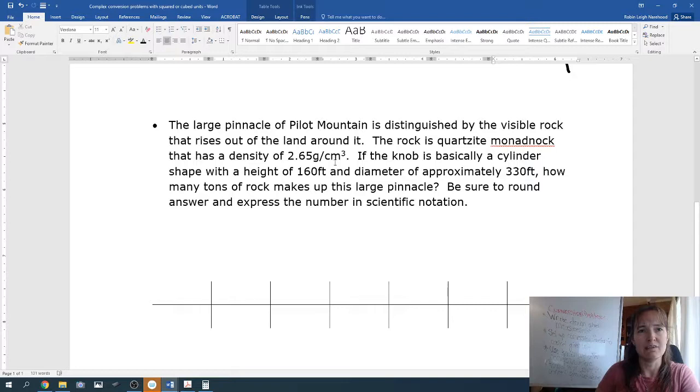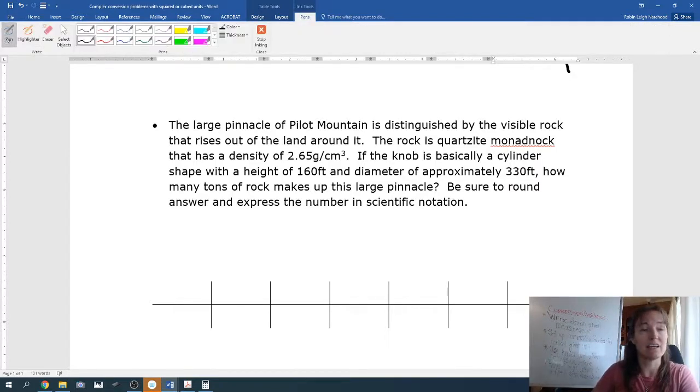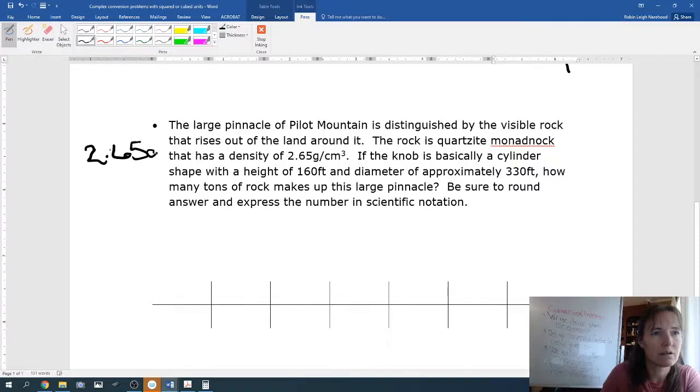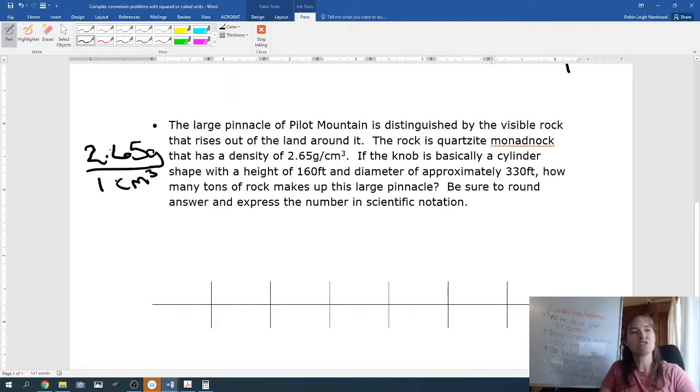Whenever you see the diagonal, that is an indication that it is a conversion factor, not a measurement. So I'm going to rewrite the density of the rock as 2.65 grams per 1 centimeter cubed. So density that's given to you is a conversion factor, the relationship between volume and mass.